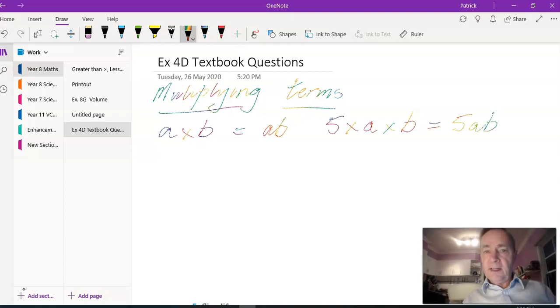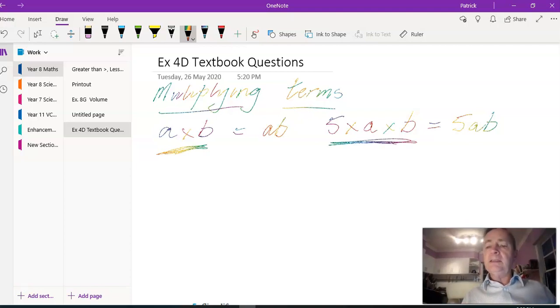So that's fairly straightforward. This one here is the expanded form, and this is its common algebraic form. So you're either writing it in simplified form, which is this one with the circle, or you're writing it in expanded form, which is the one that I've underlined.